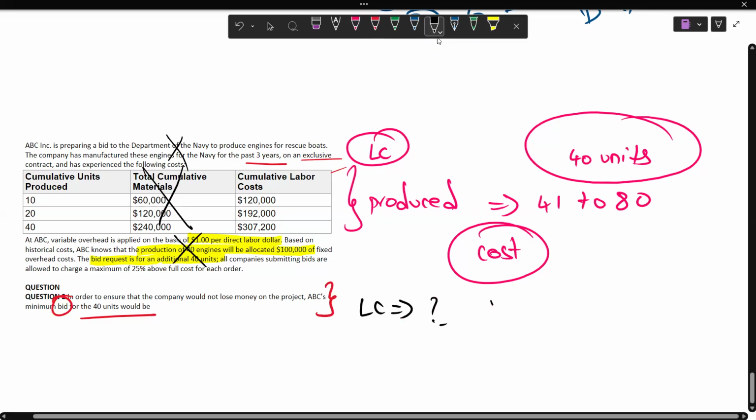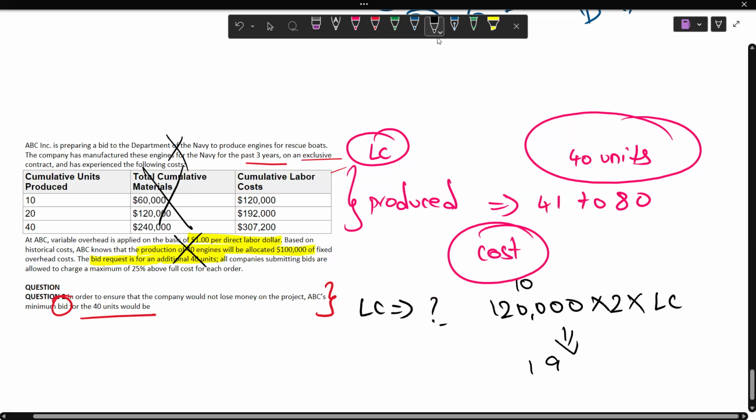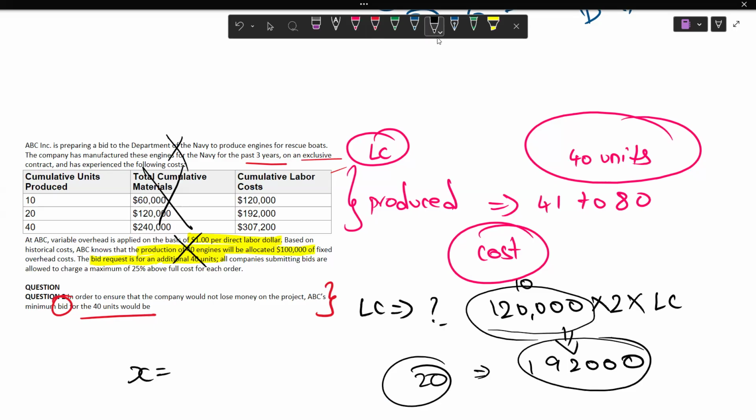So how to solve it? Take $120,000 for the 10 units. Doubling to 20 units, what will be the learning curve? For the next 20 units it is $192,000 with the doubling impact. Everything is given.